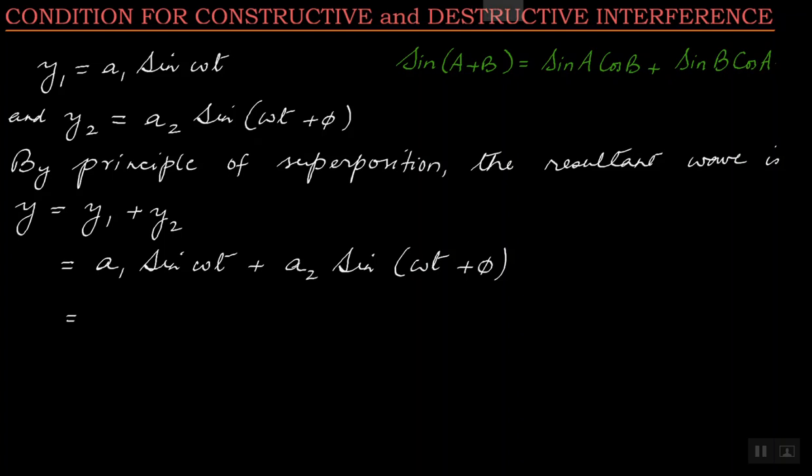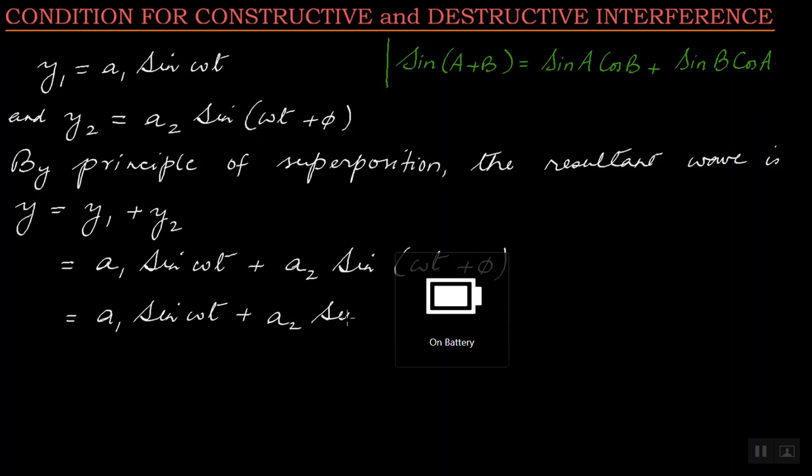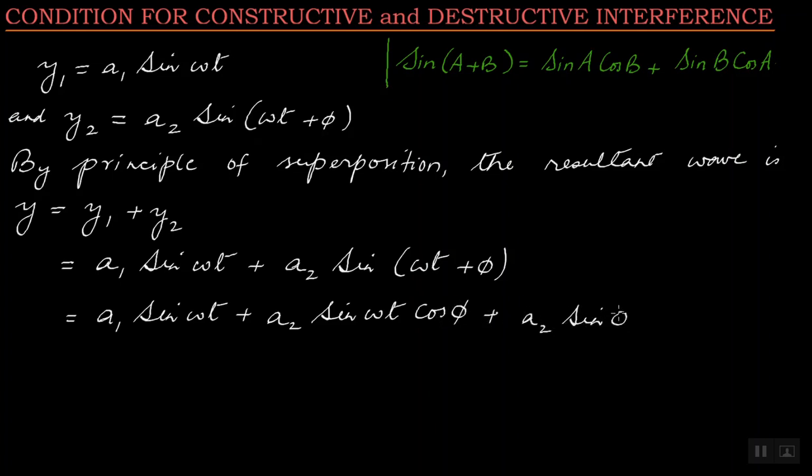So let us apply this trigonometric equation to this second term out here. So you have a1 sine omega t plus a2 sine omega t cos phi plus a2 sine phi cos omega t.